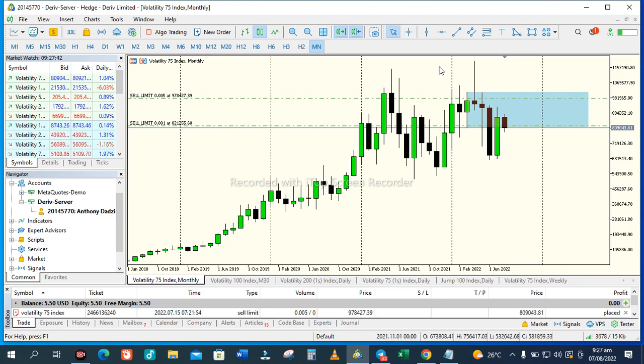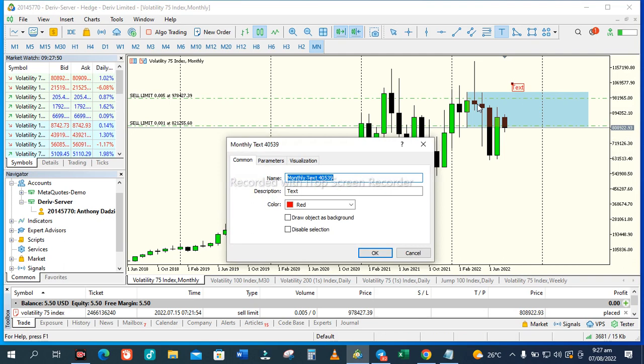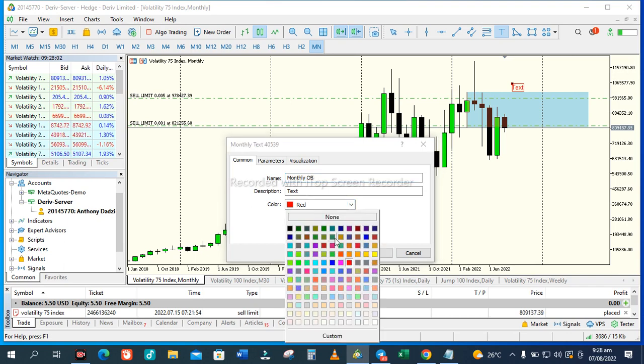Alright, so this is actually, so this is a monthly OB. Alright, should the text be in red or let me keep it black, I think.